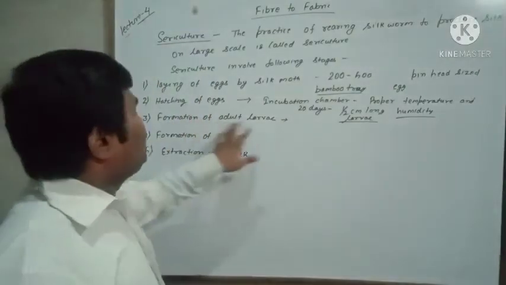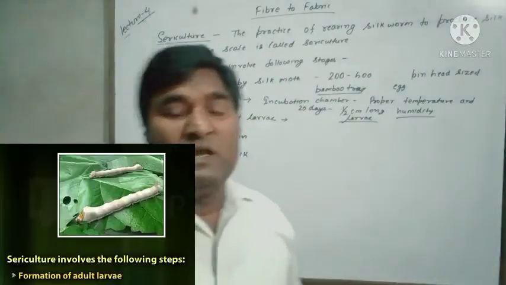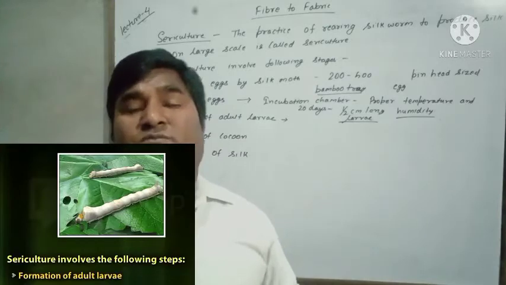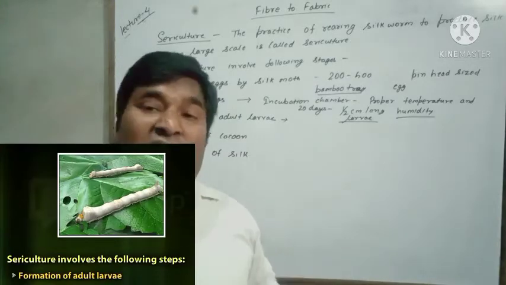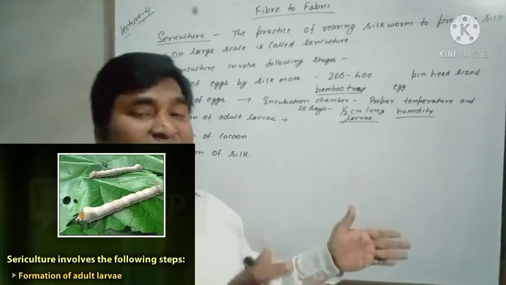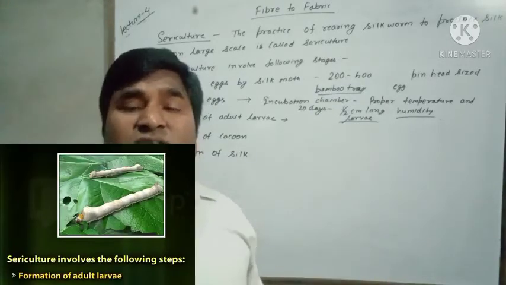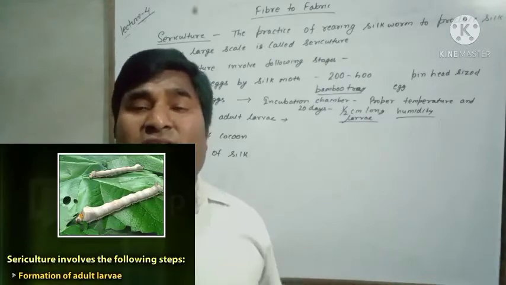Next, formation of adult larvae. Now this bamboo tray is taken out from the incubation chamber and placed somewhere, and it is covered with chopped mulberry leaves.